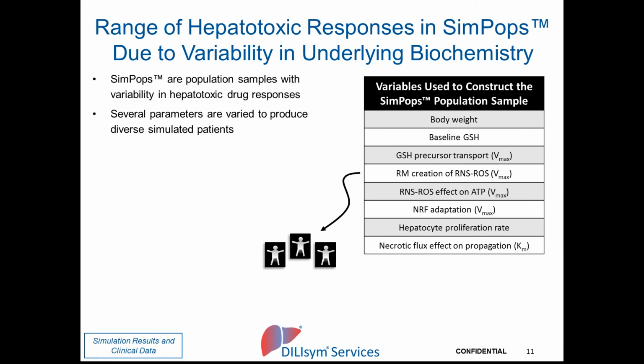What we've done is gone into the literature and identified not only the classic mean value for a given parameter, as an example, baseline glutathione, but we also established what the literature defines as the range, the upper and lower limits, as well as the distribution of glutathione, for instance.